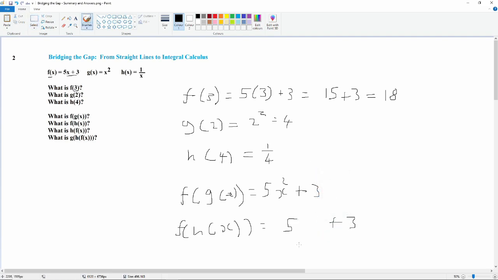So that's 5 times h of x plus 3. And h of x is 1 over x.